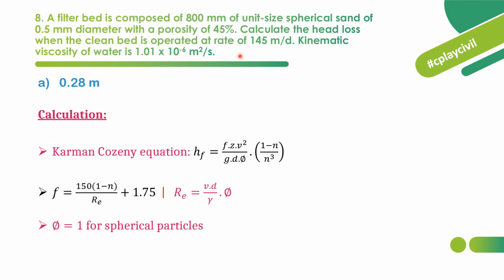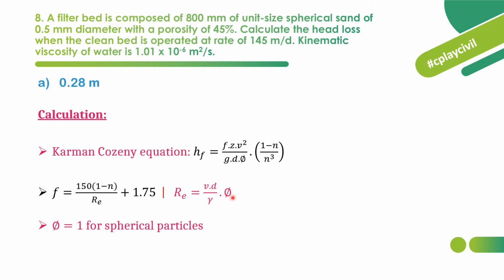Now let's see the formula. Here we are using the Carman-Kozeny equation for finding the head loss, that is HF is equal to f Z V square by phi g d into (1 minus n) by n cube. Here n we know, that is the porosity value, 45%. We have to substitute in decimal, so 1 minus 0.45 by 0.45 cube, and we have f. f is given by 150 into (1 minus n) divided by Re, plus 1.75, and Re is the Reynolds number, given by V d by nu into phi.